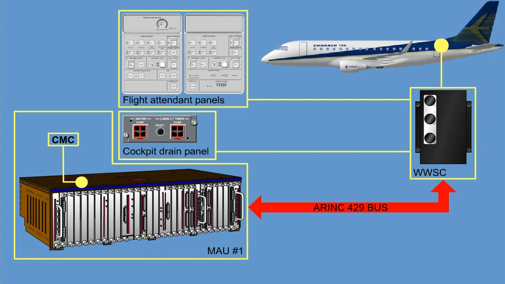The WWSC also receives flight and attitude information from the aircraft through the MAU3 via the ARINC 429 bus.